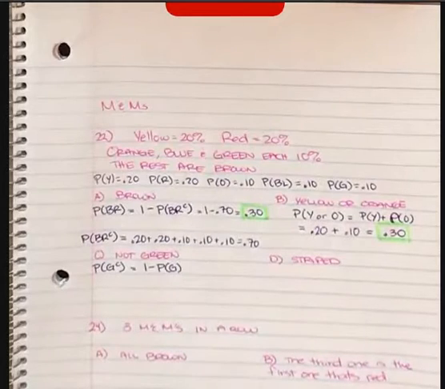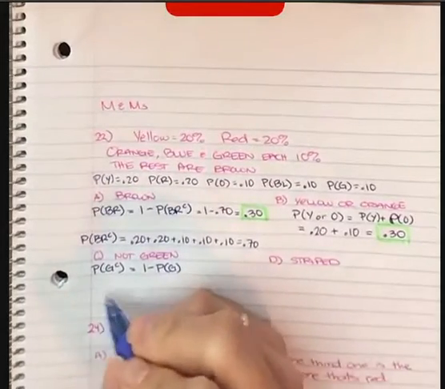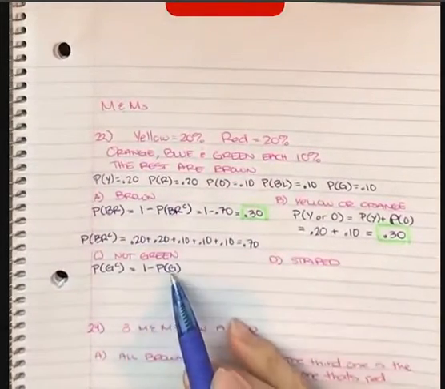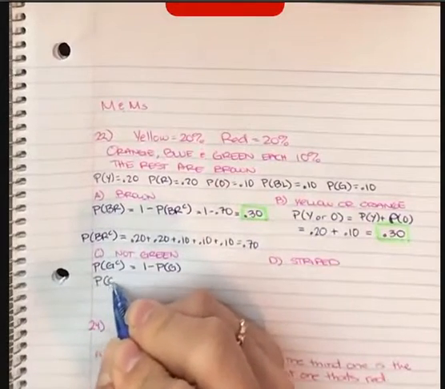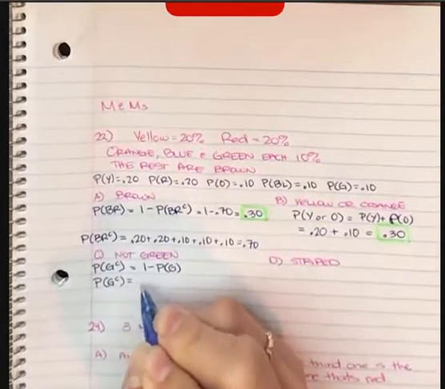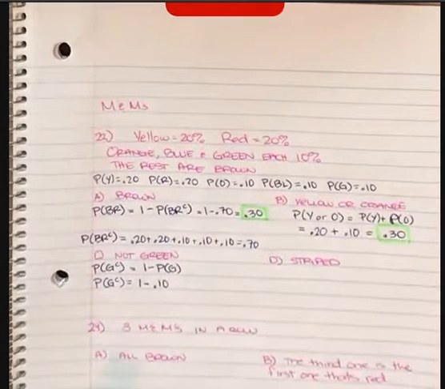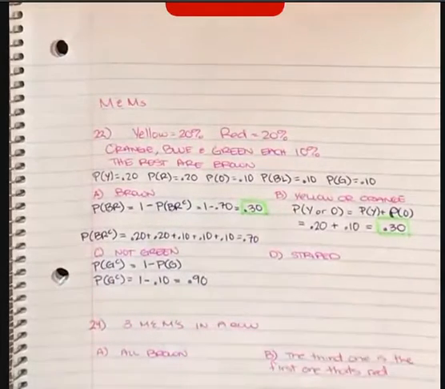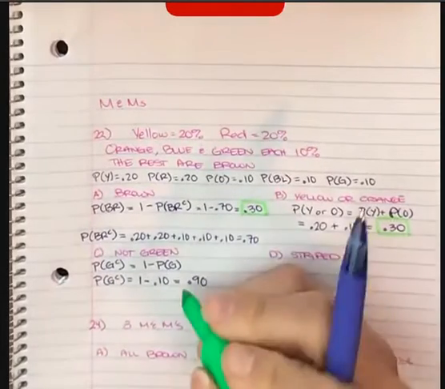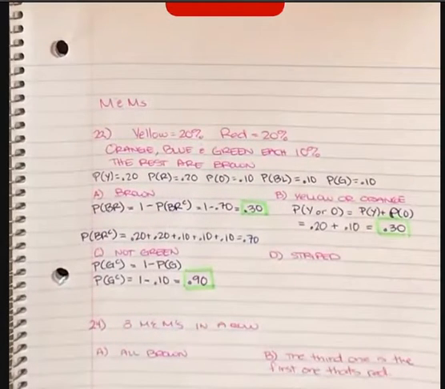So we need to take away green from the total outcomes, which is 1, or the total probability. So remember, the probability of green was 10%. So the probability of not green is going to be 1 minus 10%. That's all the possible ways besides green, which is 90%. Okay, so that is the probability of not being green.